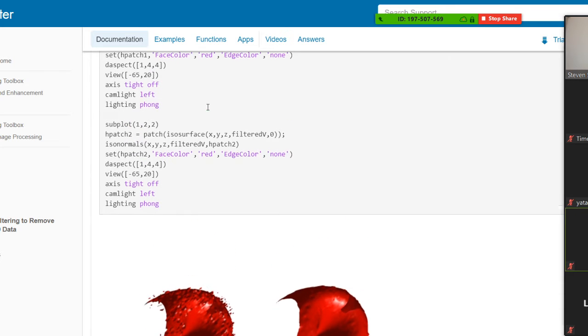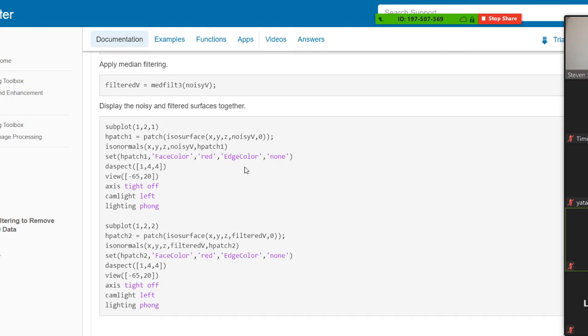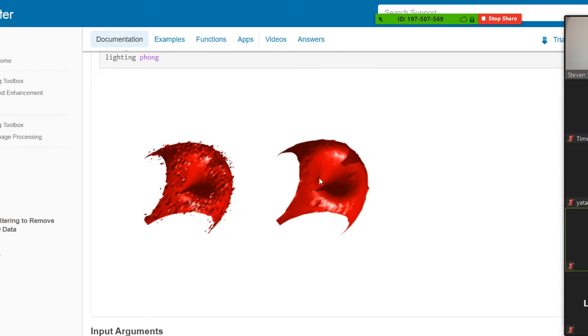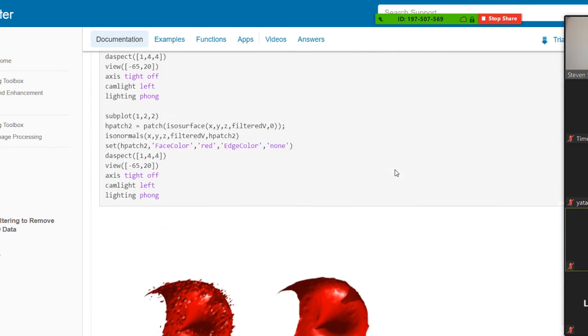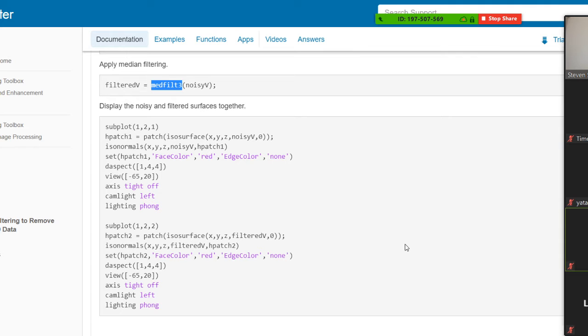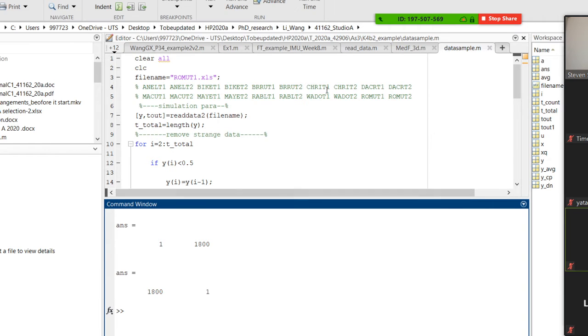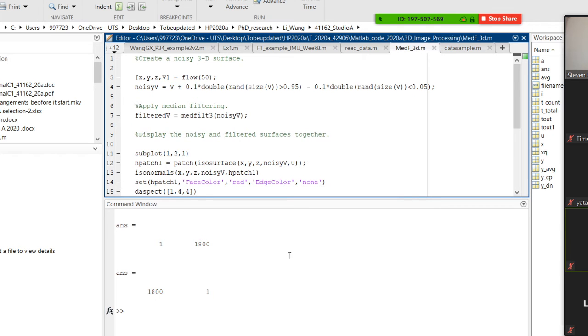But after you use this one, you can see the median filter, and after the median filter, you can see it's quite smooth. So no matter whether it's 2D, 3D, or 1D, it's very powerful. I show you one. I think I have one. Yeah, this is the 3D filter one.